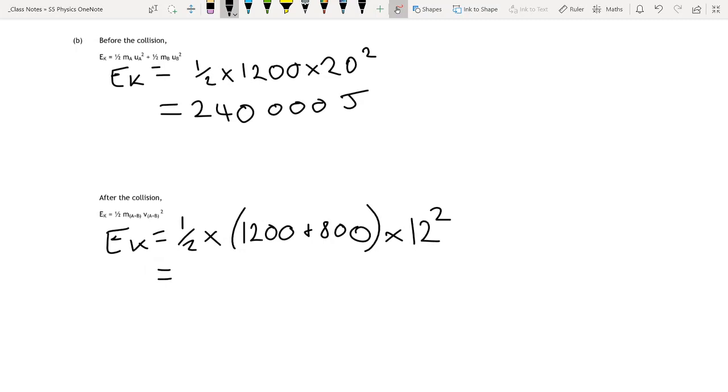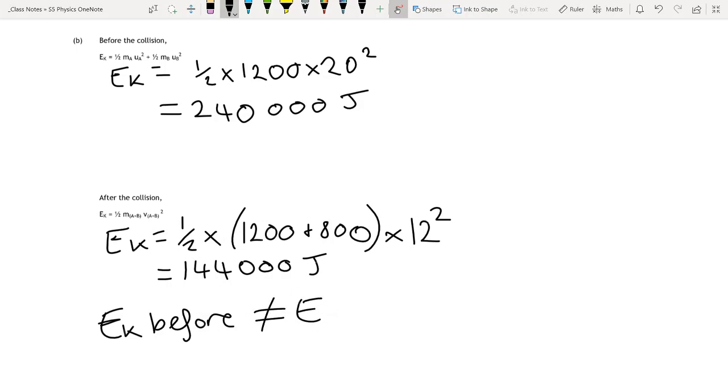So half times 1,200 plus 800 times 12 squared comes to 144,000 joules. So it's proving that it's inelastic, so we have to write a statement at the end to say the kinetic energy before does not equal the kinetic energy after. So therefore, the collision is inelastic.